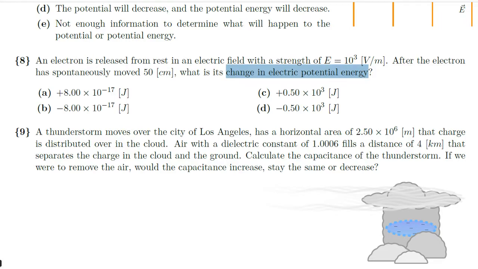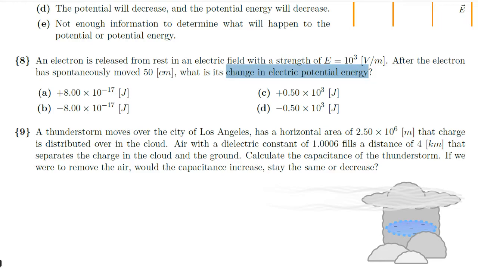Your question is, since it is spontaneous, we know that the electric potential will be negative. So we can cancel out the positive answers. Yes, actually, that is very good. You can already cancel out the positive answers because you know the process is spontaneous.